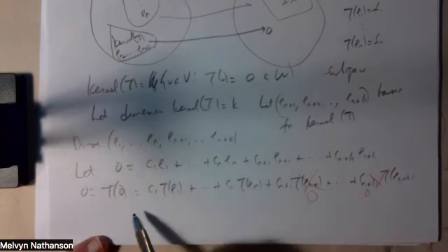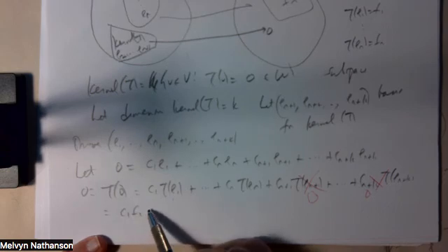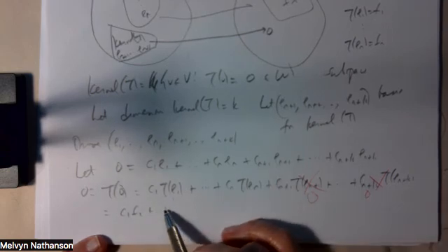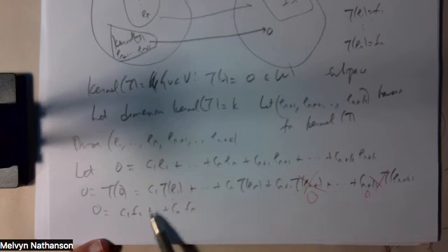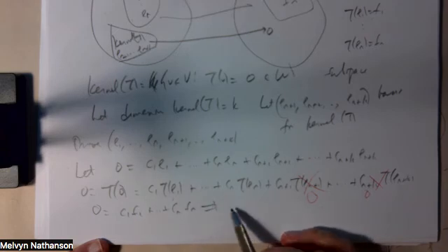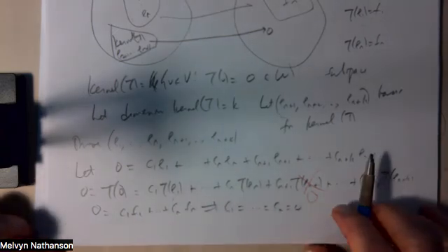And again, the T(Ei) are the Fs. This is c1 F1 up to cR FR, because T(E1) is F1 and so forth. And F1 up to FR are linearly independent, so c1 up to cR, those numbers are all 0.